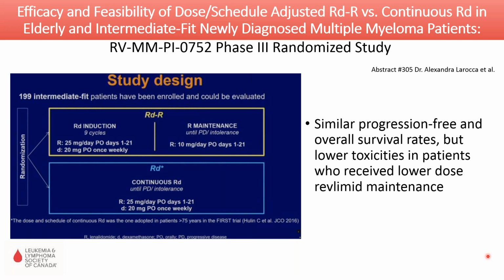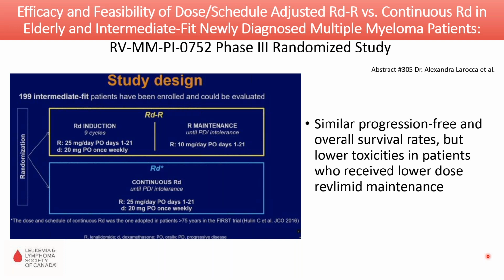And the longer you're on the therapy, the more side effects you have, and the more likely patients are going to stop treatment because of these side effects. And then if you stop treatment, you lose the efficacy of the drug, and then you relapse. So this particular study was looking at whether they could reduce the treatment dosing to make it more tolerable to patients, to keep them on treatment longer, and then improve their survival.